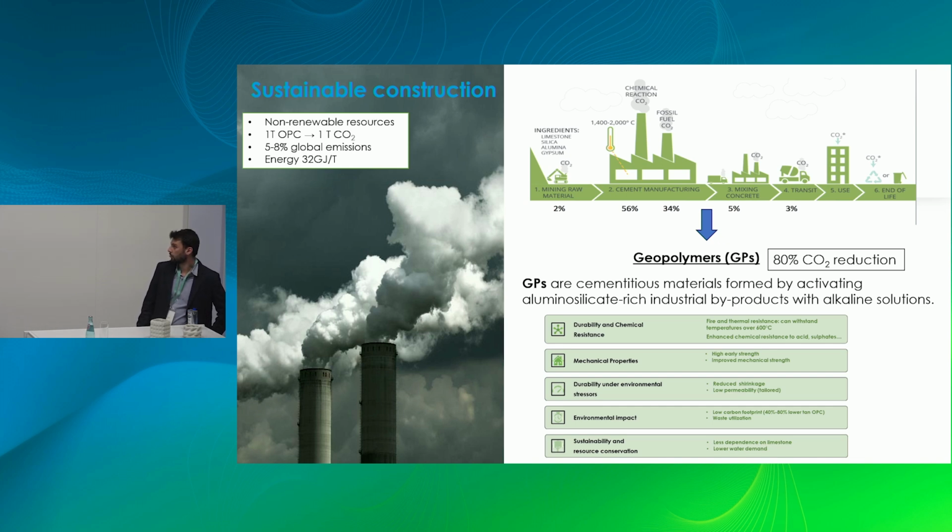You can see in the figure that the problem with ordinary Portland cement is in its manufacturing, due to the chemical reaction and the use of fossil fuels, and that generates a lot of CO2. So if we want to achieve the goals of the European Commission to reduce carbon emissions and to promote the circular economy, we need to use alternative cement.